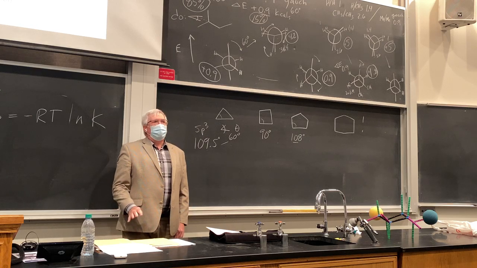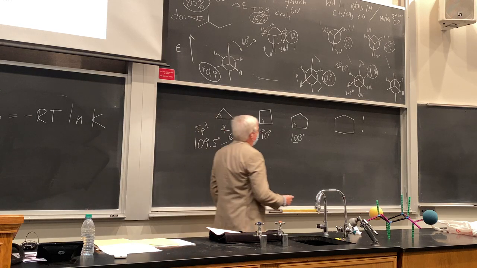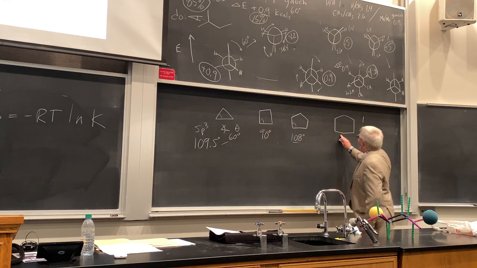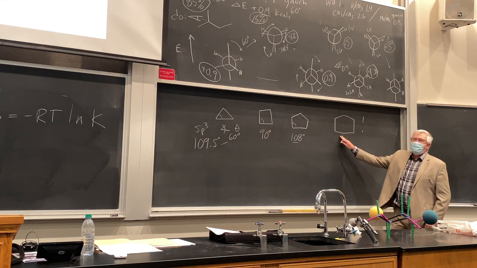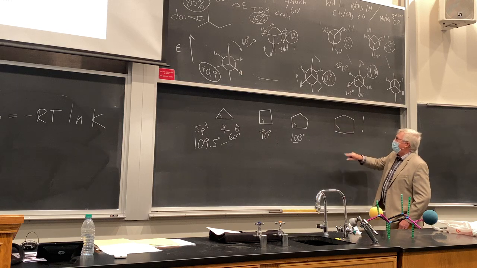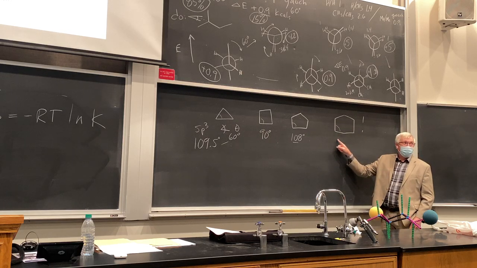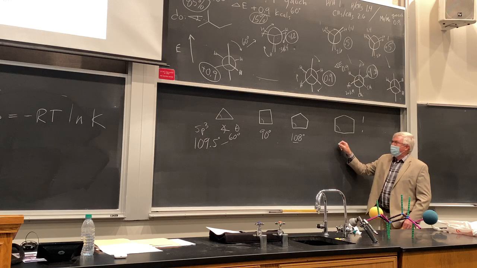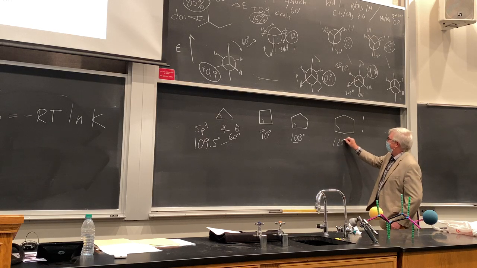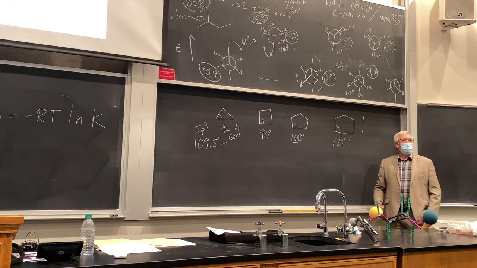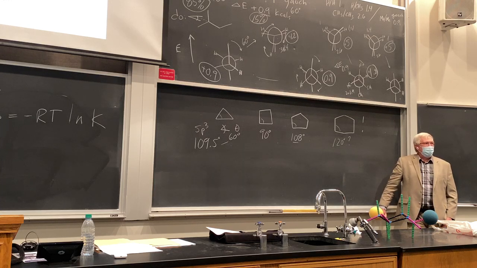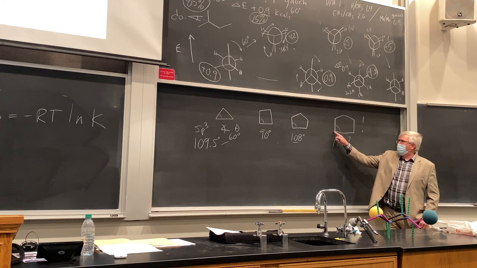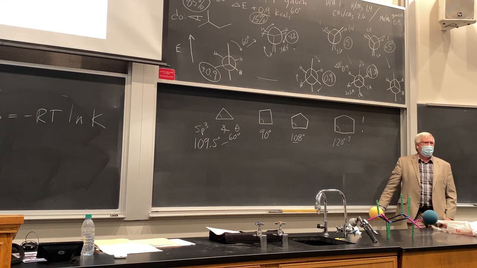Now there are some issues that make it a little more strained than this guy. Cyclohexane is the least strained up here. And why is that? This internal angle, though, if it's flat, would be what? 120. So question mark. This bothered chemists early on. They knew 109.5 was the magic angle. That's where things were strain-free, tetrahedral carbon, whatever. And that's what we have here. There's 2 hydrogens or 2 other groups on there, right?